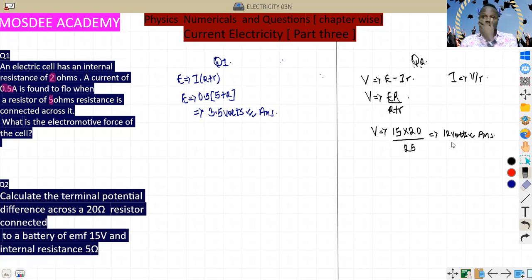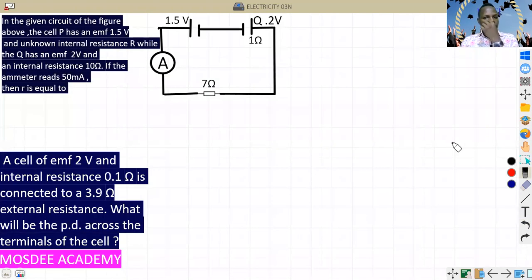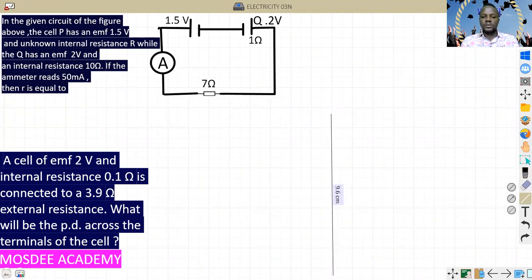Then we move to the next question. This is question number 3. About question number 3, we have a given circuit of the figure above. You can see this figure.